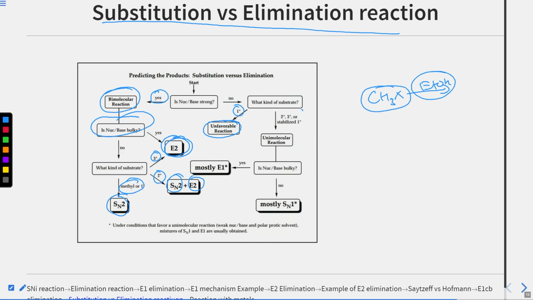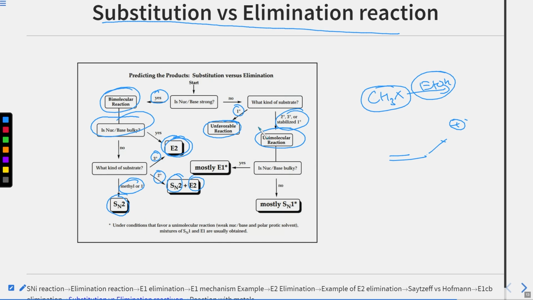But in case it is 2 degree or 3 degree or stabilized 1 degree, stabilized means suppose it is in this fashion, then the positive charge will be stabilized due to resonance. So if it is 2 degree, 3 degree or stabilized 1 degree, then it will give a unimolecular reaction.